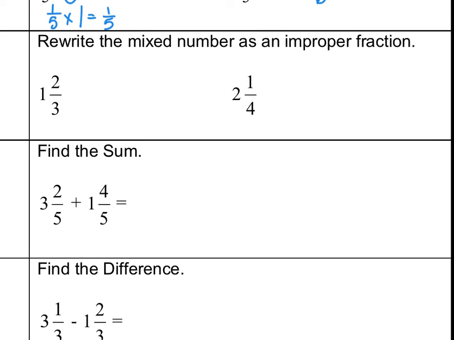All right, now rewrite the mixed number as an improper fraction. Usually we start with the improper fraction and we have to move it back to a mixed number. But I want you to see how this works. All right, we're going to see how many thirds 1 whole and 2/3 would really be, okay? So I'm going to show you, here's 1 whole, and I'm going to put dots in it so you can see I'm talking about the whole thing.